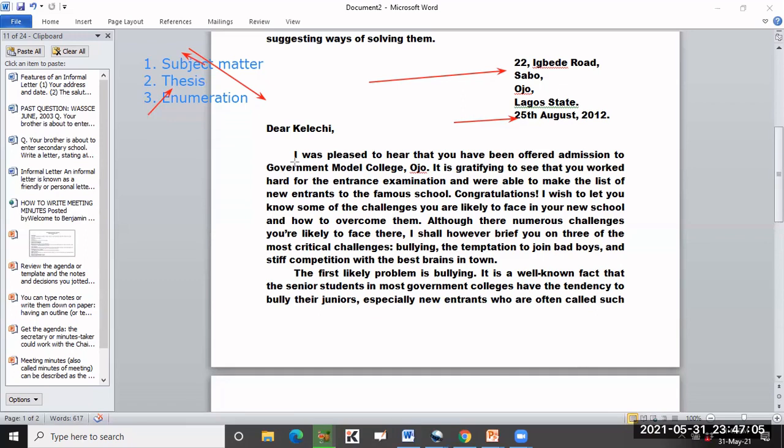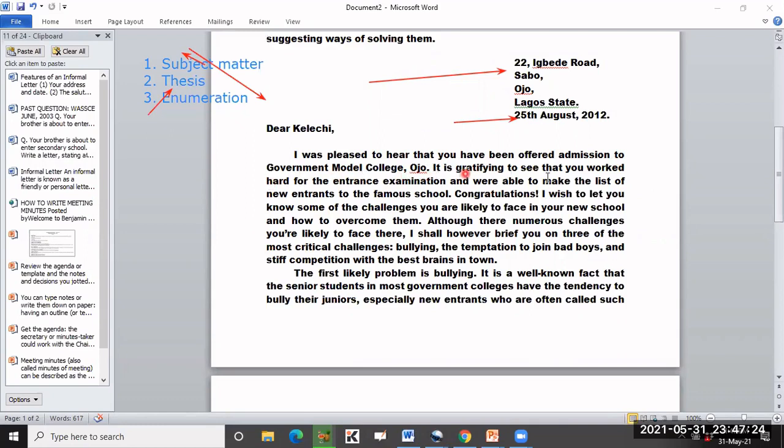I was pleased to hear that you have been offered admission to Government Model College, Ojo.